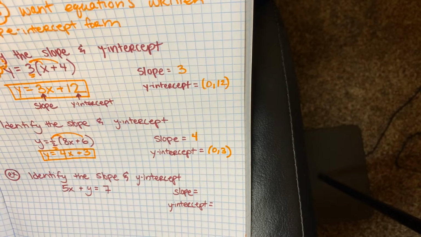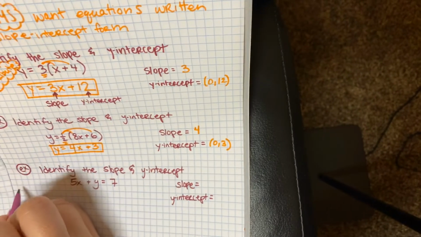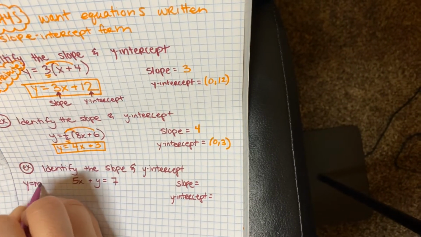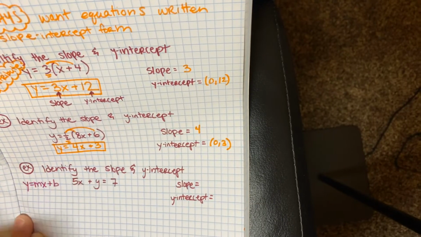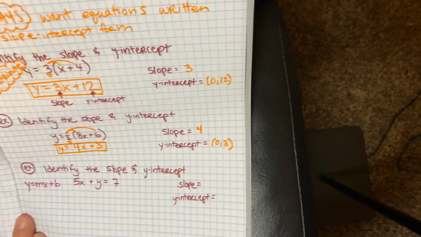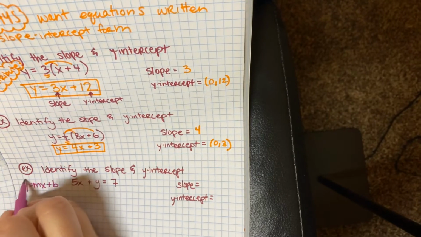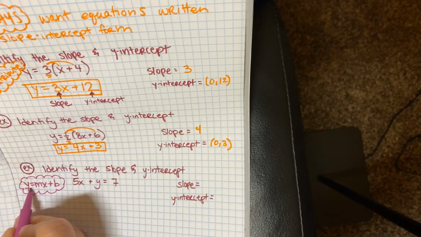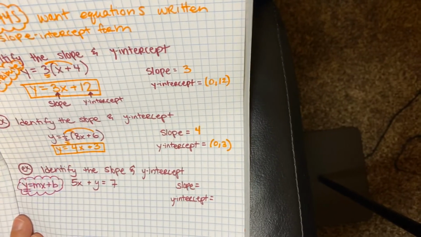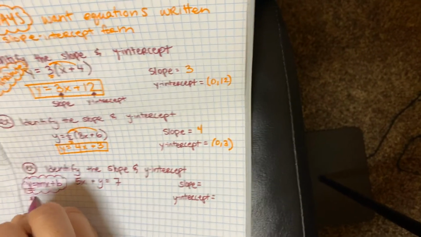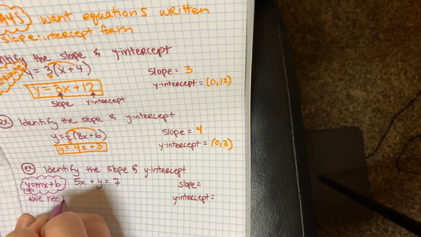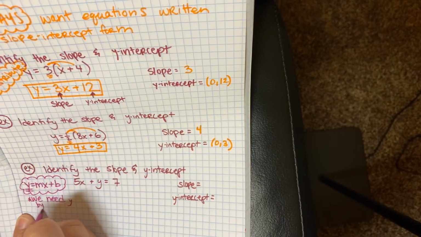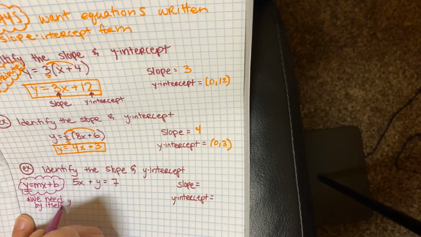Now, let's remind ourselves what we're trying to get. We're trying to get y equals mx plus b. That's our goal, because that tells us what the slope and the y-intercept is. Well, if we look at that equation, we need y by itself.